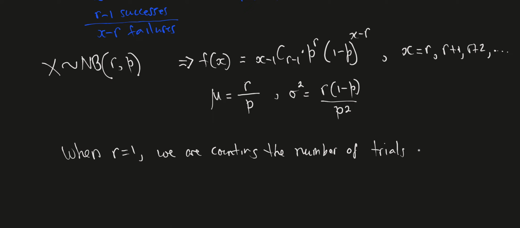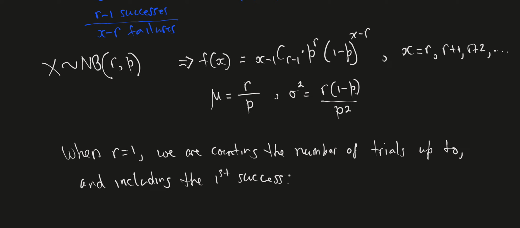So how many trials before I see the first success? So we're counting the number of trials up to and including the first success, and this is called a geometric random variable.